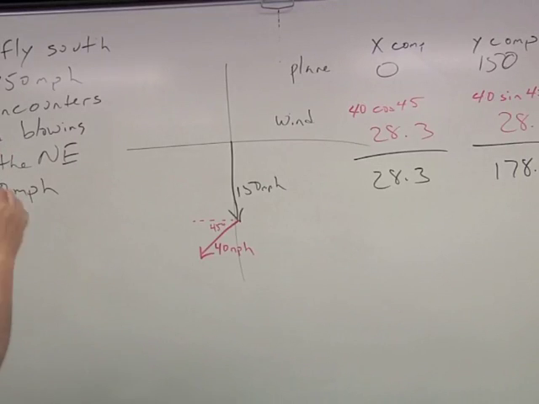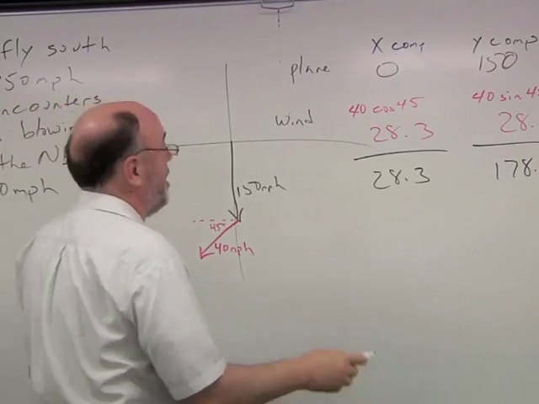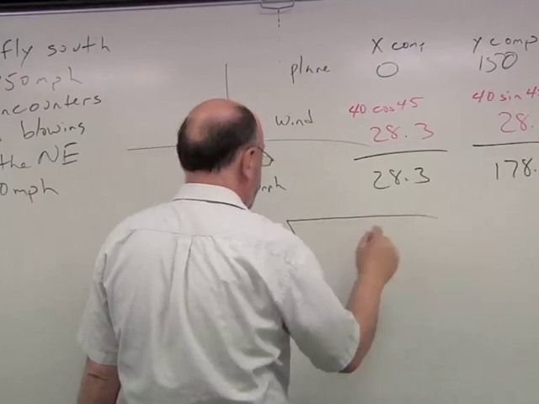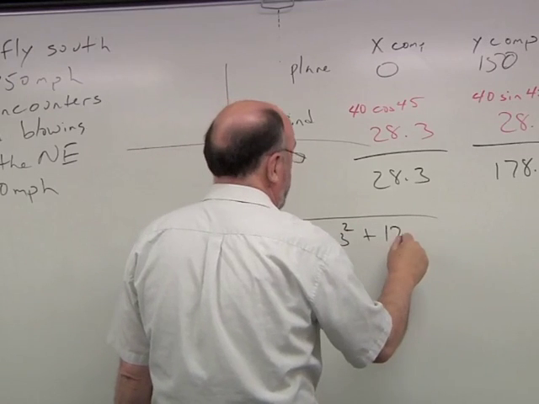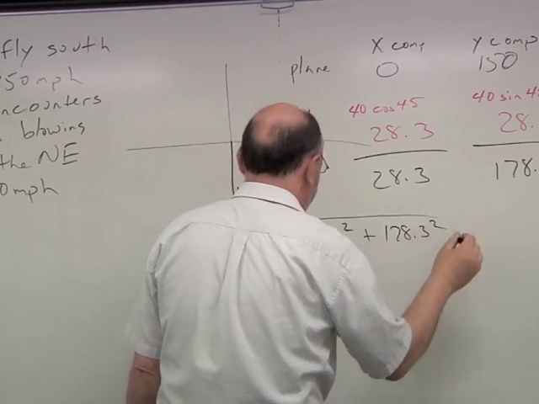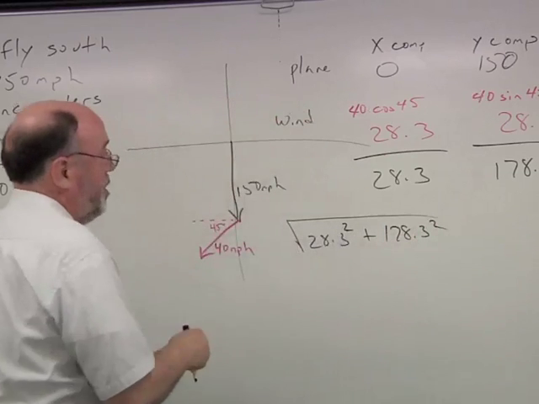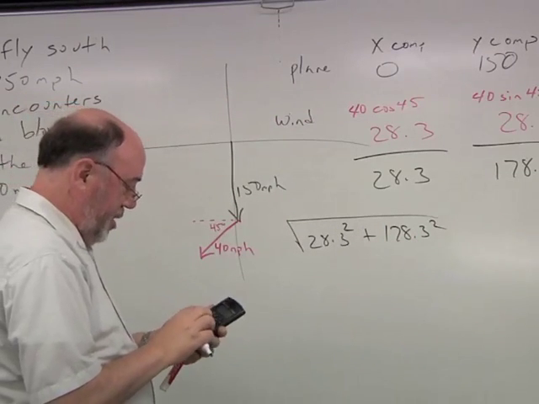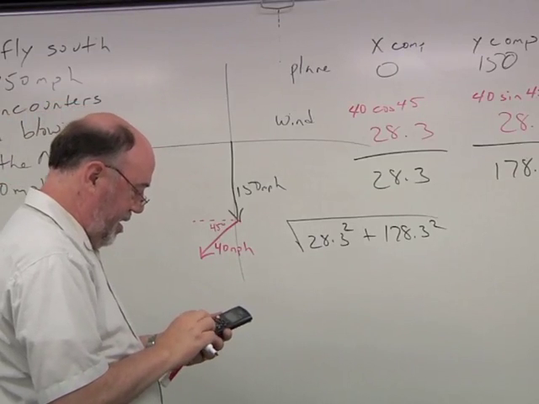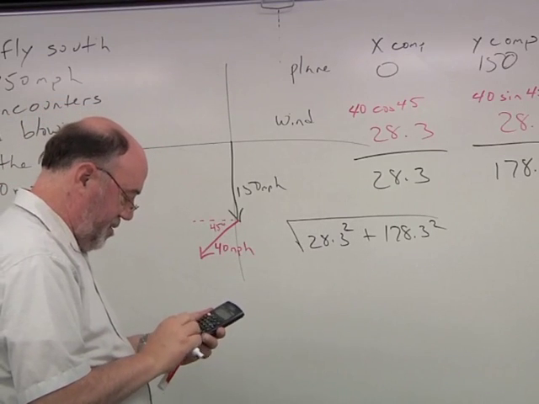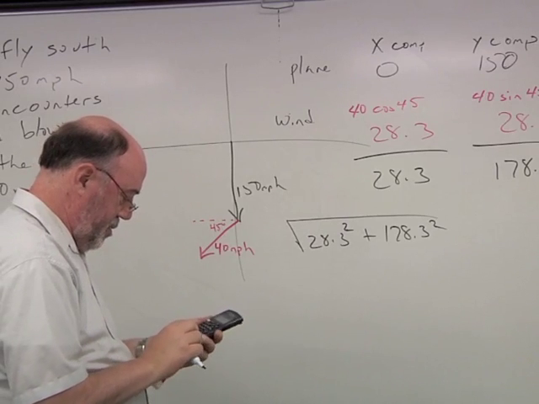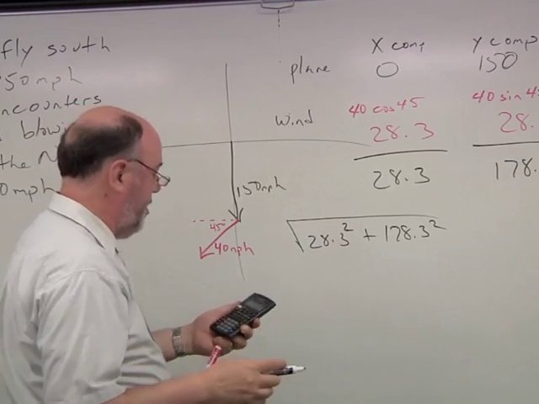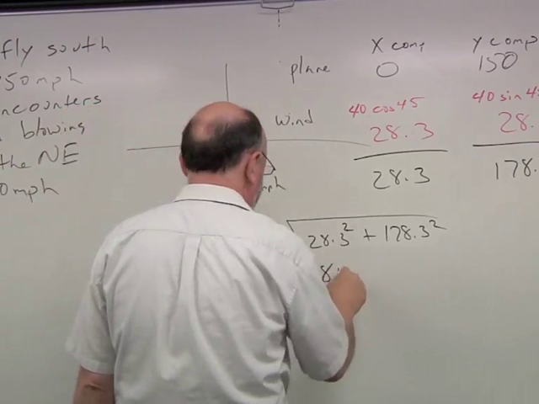Now, the magnitude of this vector will be given by the square root of 28.3 squared plus 178.3 squared. So we plug those in, and we find that the magnitude of this vector will be 180.5.